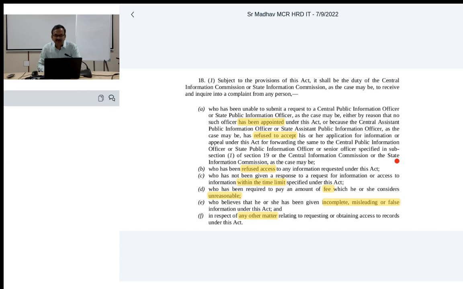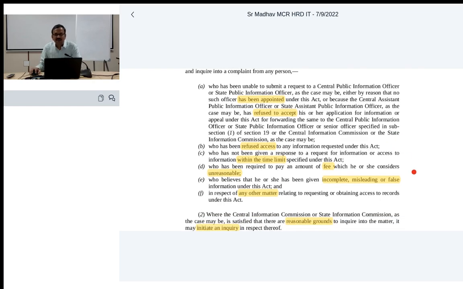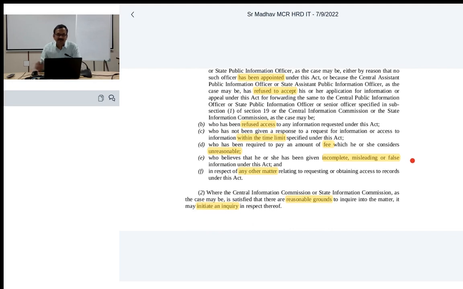And if the applicant thinks that incomplete or misleading information is given, then he or she can directly file a complaint. And finally, clause F says that in respect of any matter, an appeal or complaint can be made. So this is somewhat an omnibus clause, we can say.